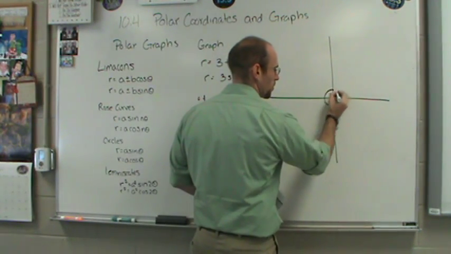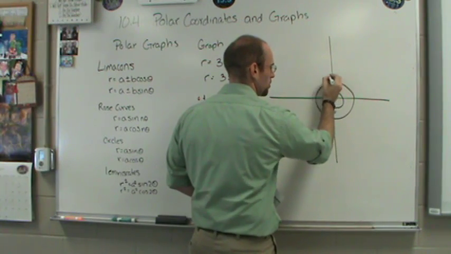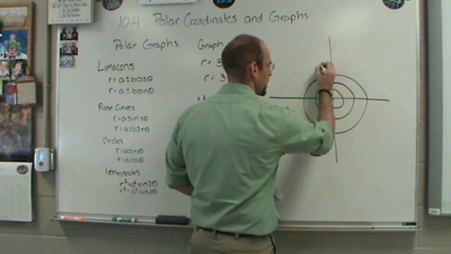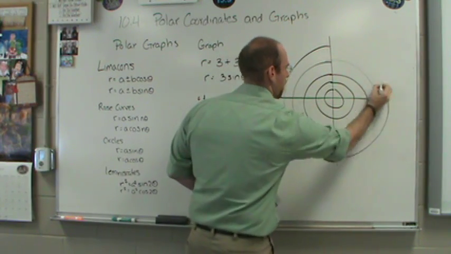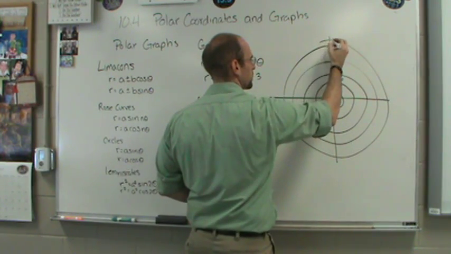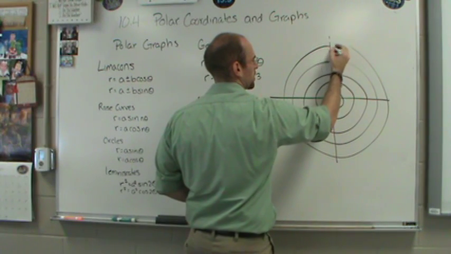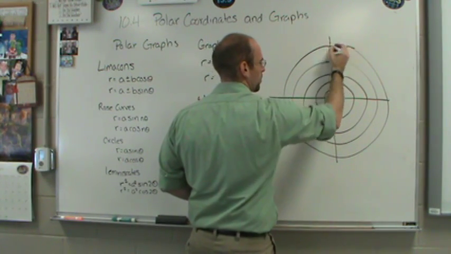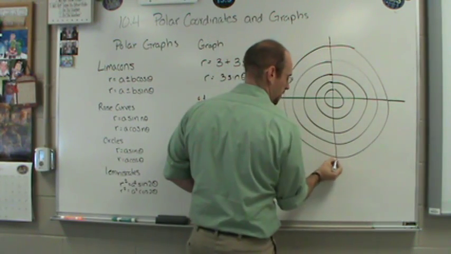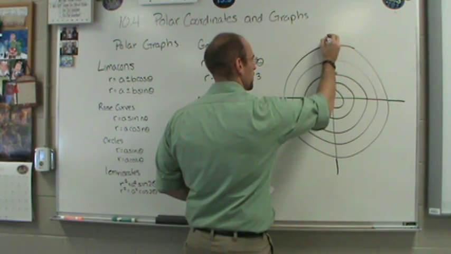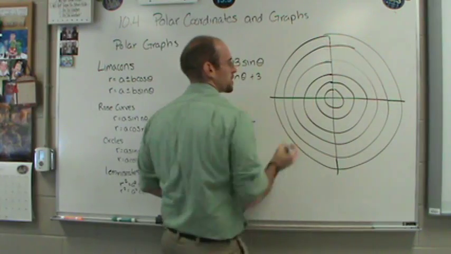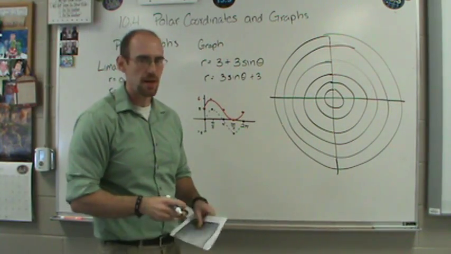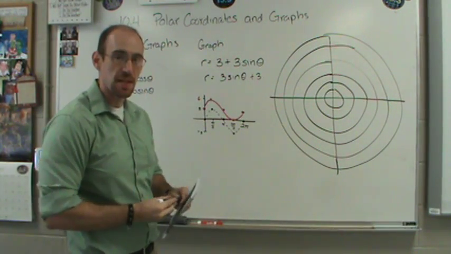So 1, 2, 3, 4, 5, maybe one more, 6. Okay, so here's my polar coordinate system out to 6.